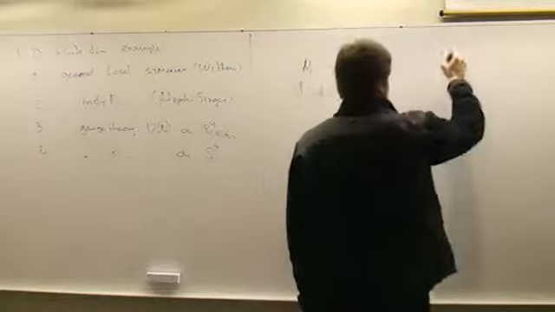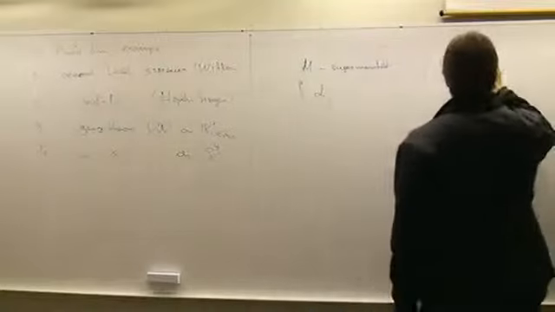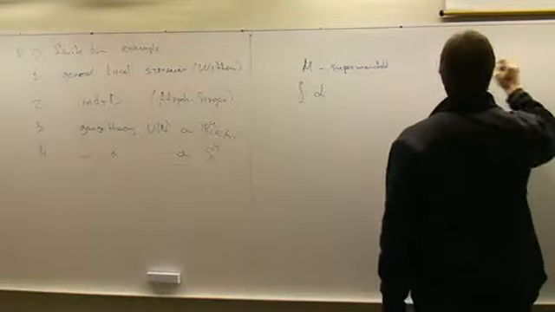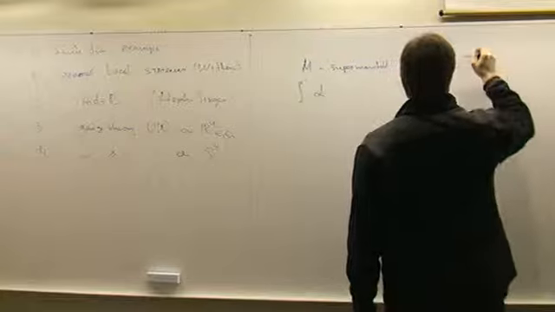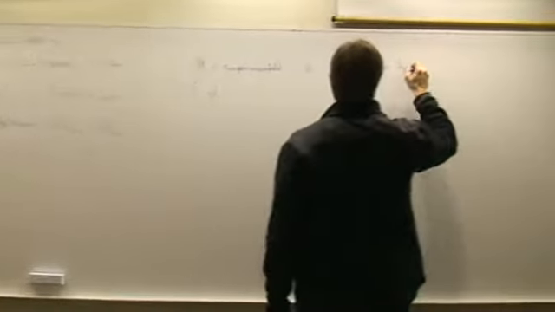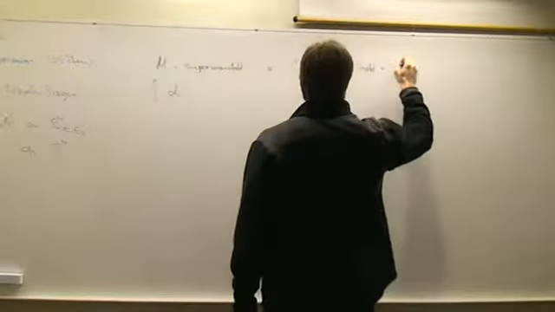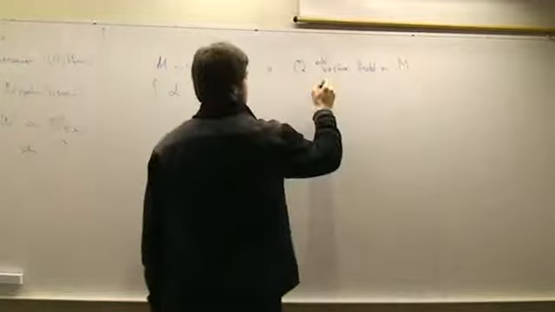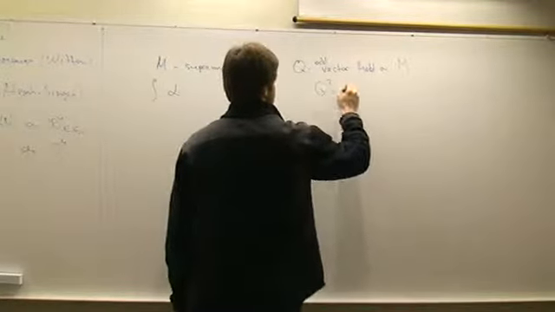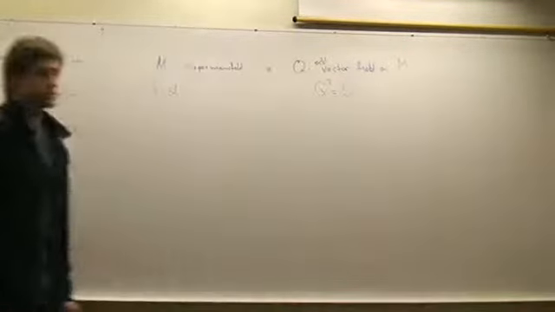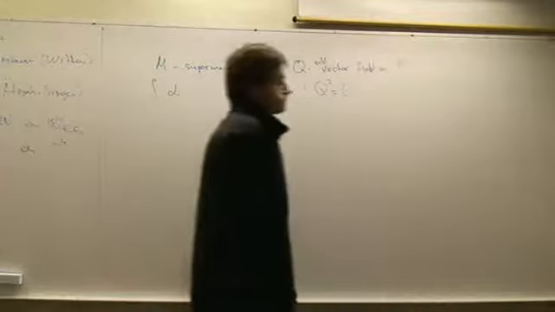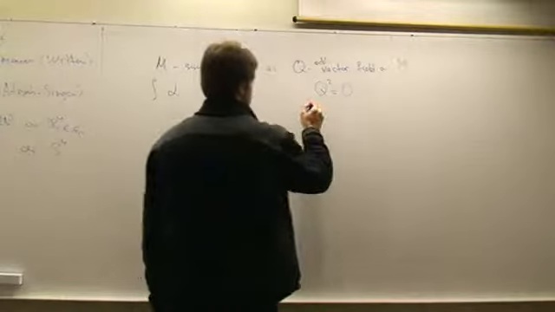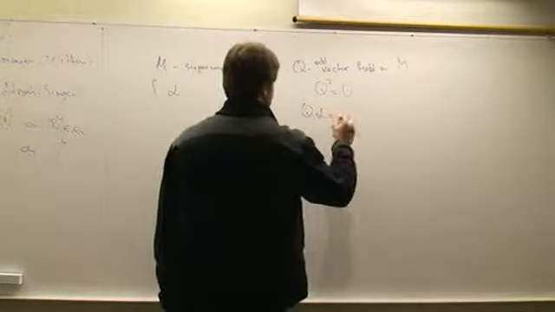And let's say that Q is an odd vector field on M such that Q squares to 0, like a supersymmetry generator. And let's also suppose that Q alpha equals 0.